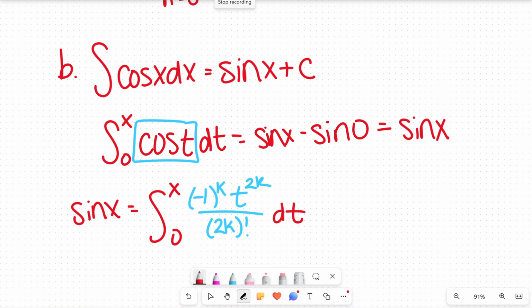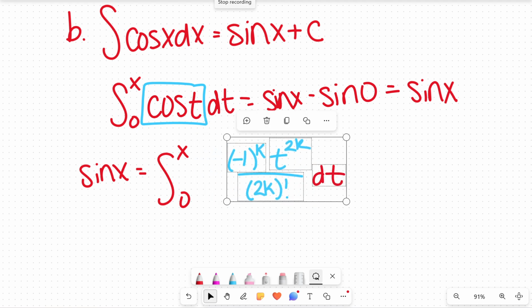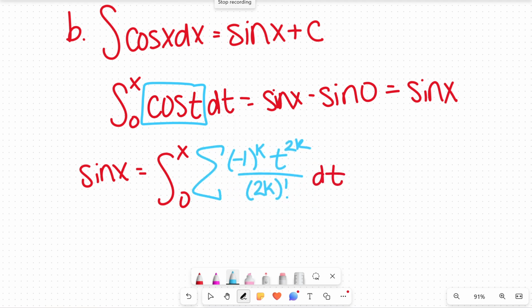Again, this is from your IB formula booklet, so check for that to see where your Maclaurin series expansion for cosine comes from. I actually forgot the summation part, so I'll have to add that in there. k equals 0 to infinity.